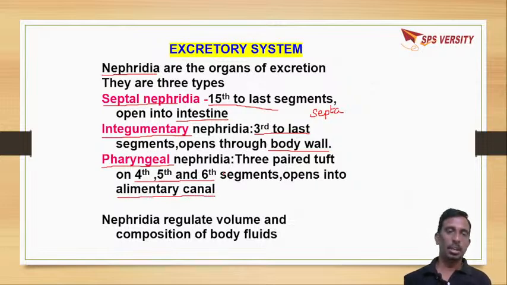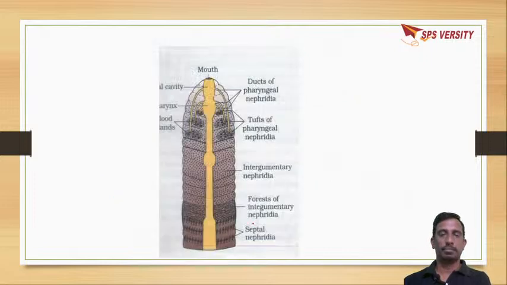So, septal, integumentary, pharyngeal. Nephridia will control osmoregulation, that is, the regulation of volume and composition of body fluids. So they are excretory and osmoregulatory.